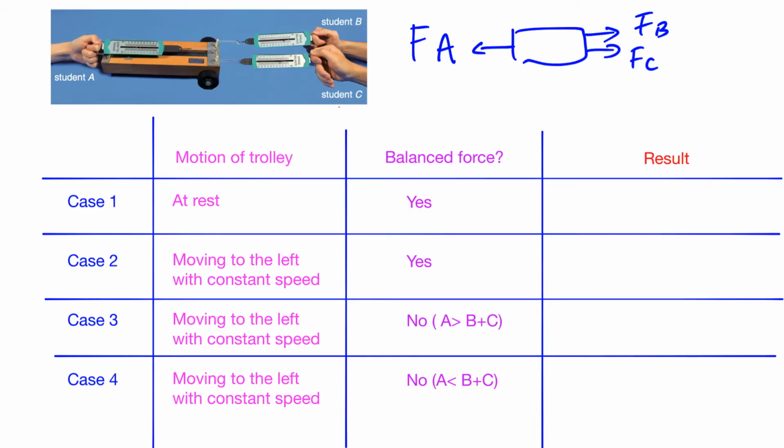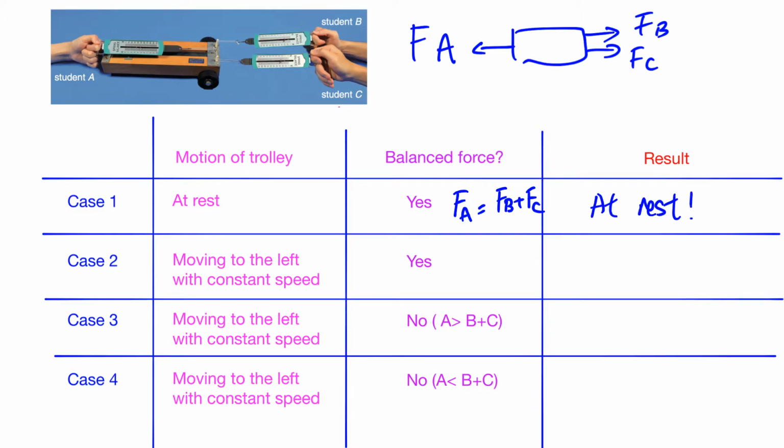Case 1: the trolley is at rest at the beginning, and we have a balanced force. Balanced force means force A equals force B plus force C. So if the trolley is at rest, left and right cancel each other, and the trolley will stay at rest.